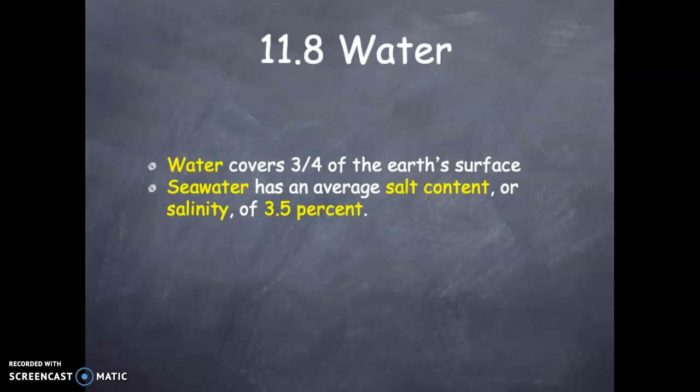Water. Let's talk about water in general for a minute. Water covers about 3/4 of the Earth's surface, and seawater, which is what most of the water on the planet is, has an average salt content or salinity of 3.5.